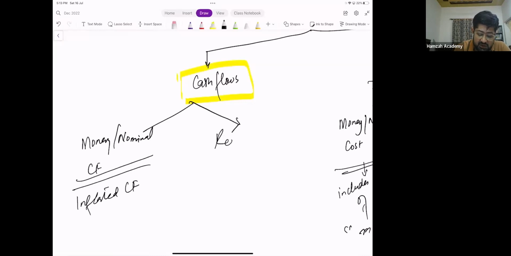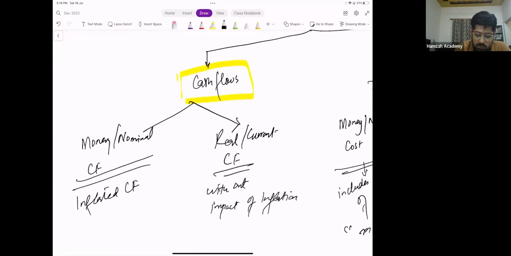Then there are the real or current cash flows without the impact of inflation.